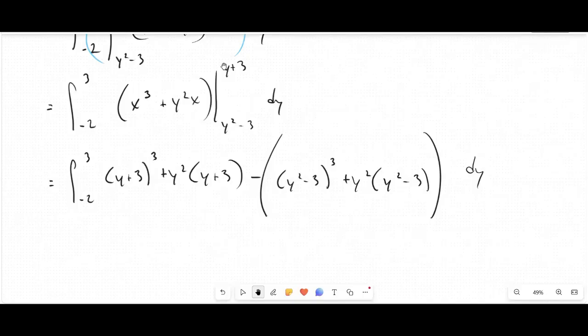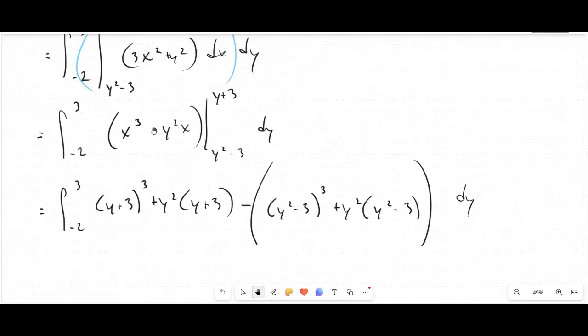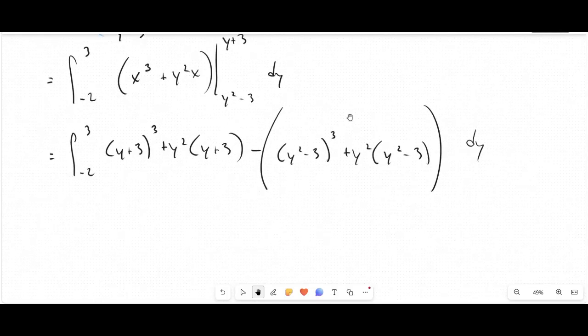So first you plug in the upper bound everywhere for x, and then a minus sign, and then the lower bound everywhere for x.